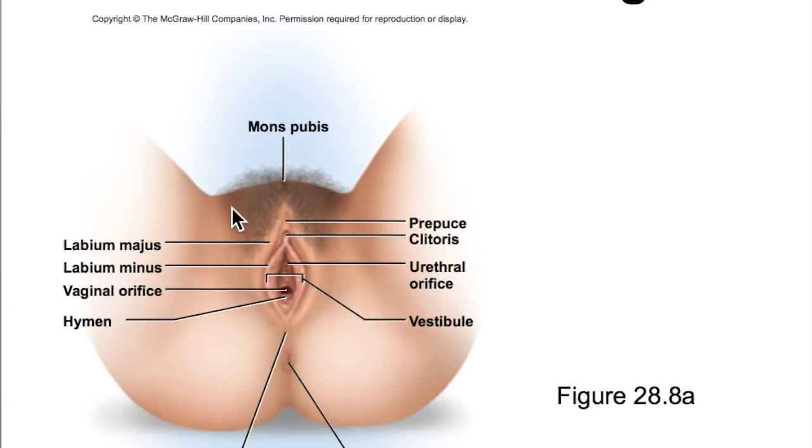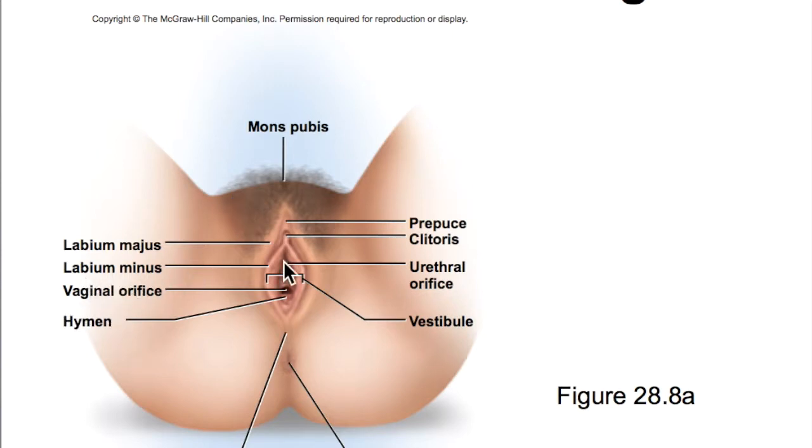Okay, then as you move down, you run into the labia majora. All right, labia majus is just going to be the one side. Labia is plural, so it's both sides. Labia majora. And there's a pair of thick folds of skin and adipose tissue that lays inferior to the mons here.